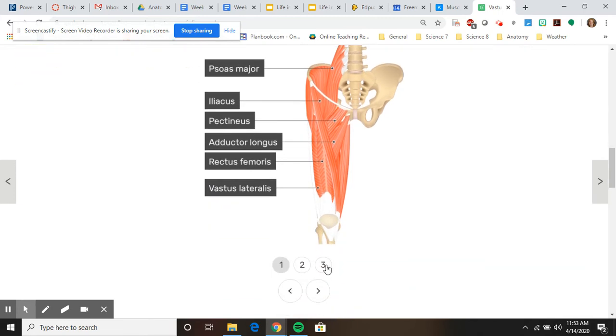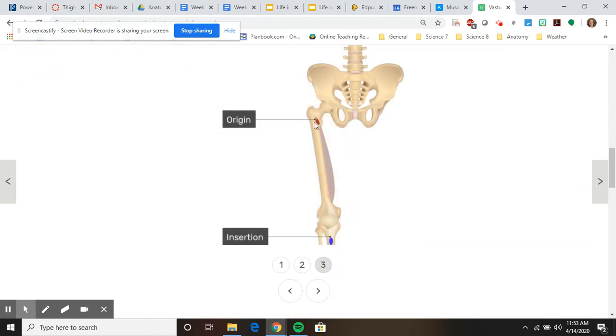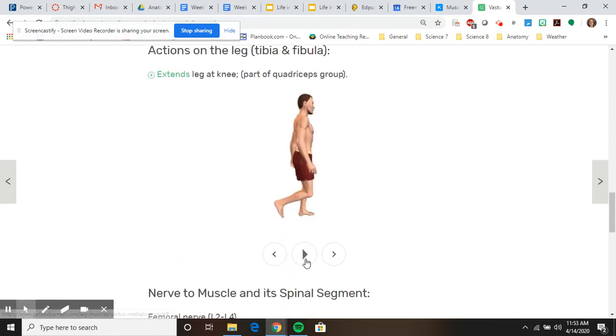And let's see, the origin is on the neck of the femur, so really close to where the origin of the vastus lateralis was. And the insertion is the same quadricep tendon. Action is also going to be extending the leg at the knee.